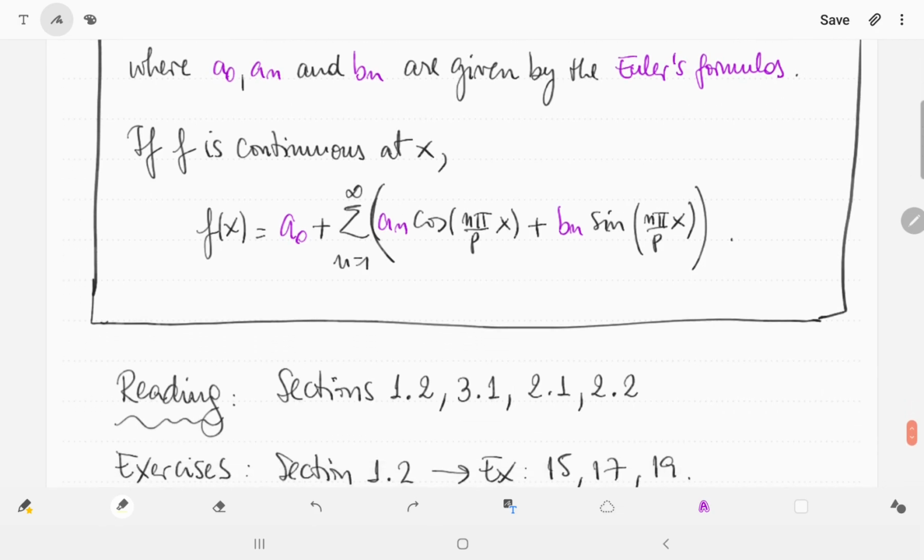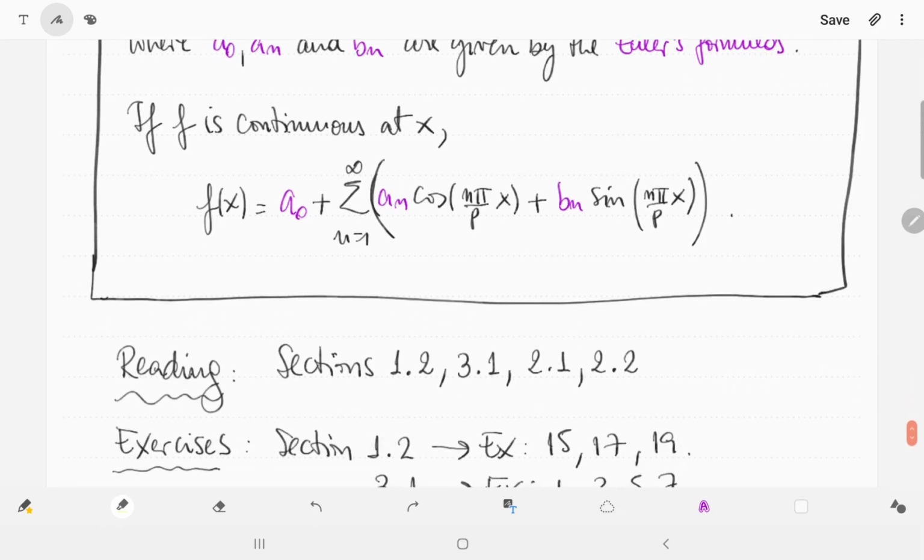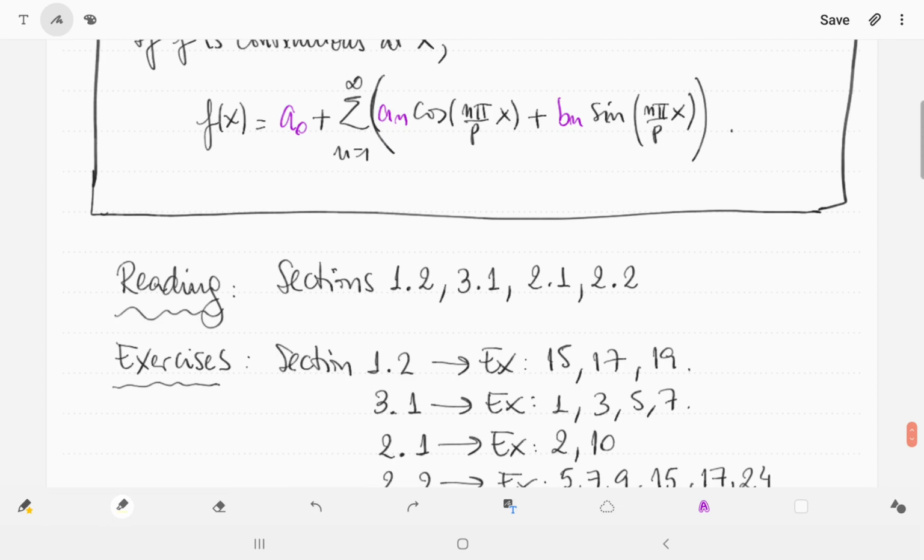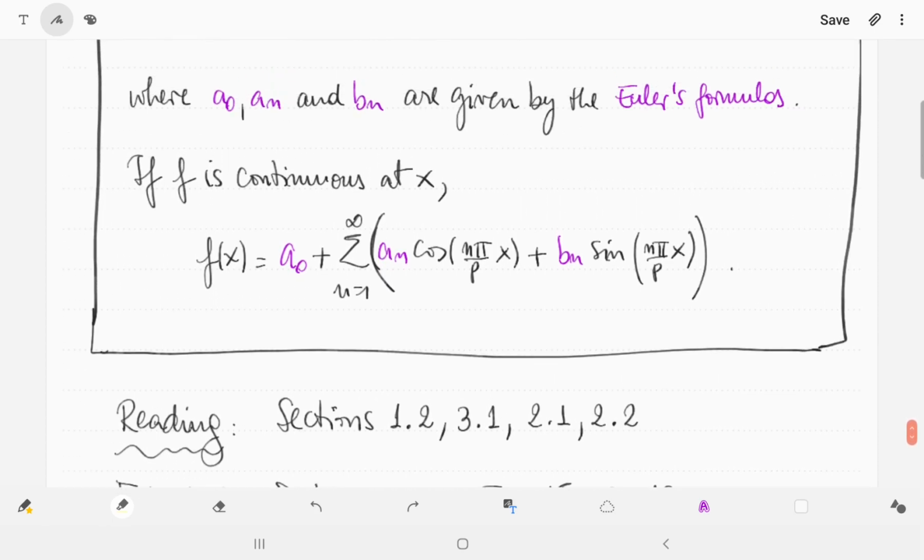So that finishes the lecture of today, where we answered how to find the Fourier series representation of a function with these Euler formulas, and then we saw how to compute them from this example.